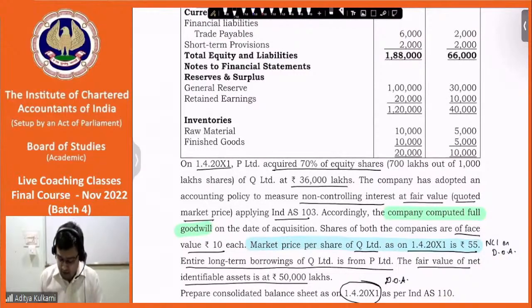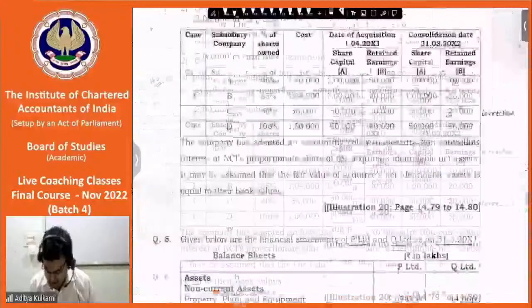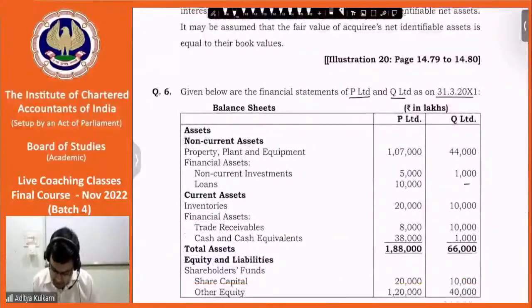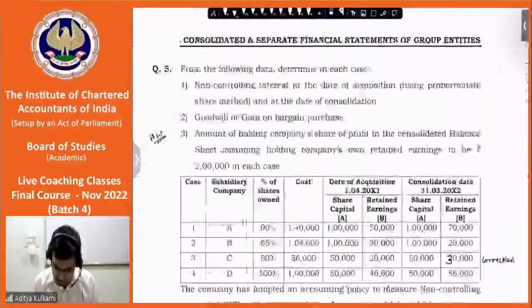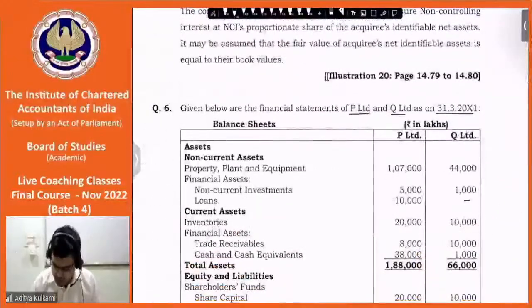Okay, fine. The next one is, you are given this statement. The fair value of net identifiable assets is rupees 50,000 lakhs. Whose is this going to be? This is of the subsidiary. Typically, this is of the subsidiary. You can have a look at the subsidiary's net assets. What are net assets? Well, it is total assets minus liabilities.